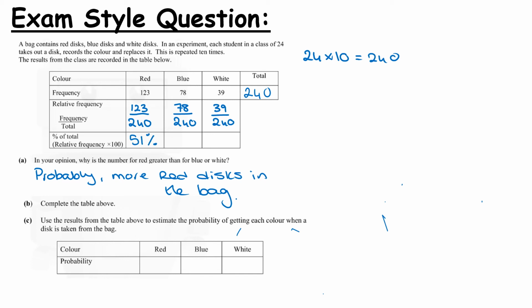So 78 divided by 240, and then multiply by 100, and we get 32.5, and then we have 39, and we get 16%.